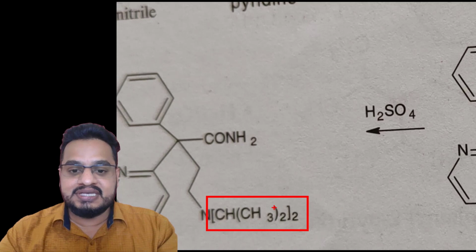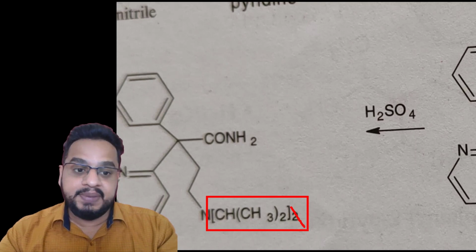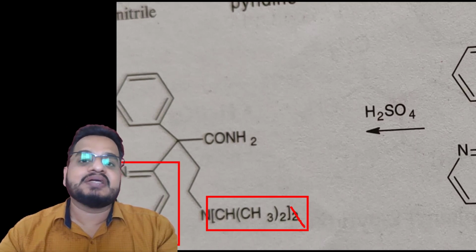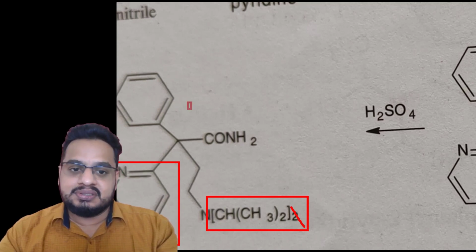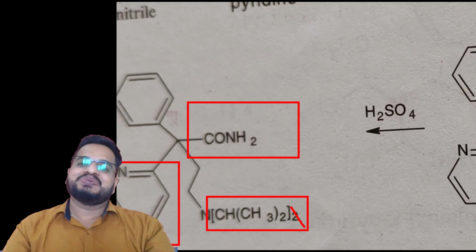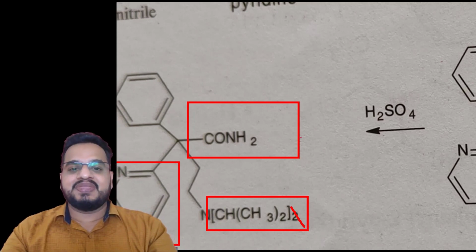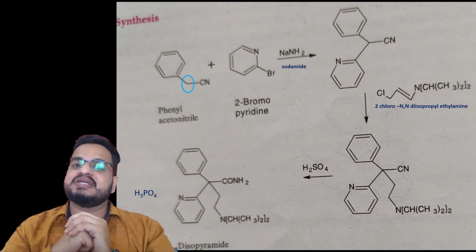Di is two. So this is diisopyra. Pyra is from the pyridine ring. So that is the pyra. So diisopyramide. Amide is what? CONH2.